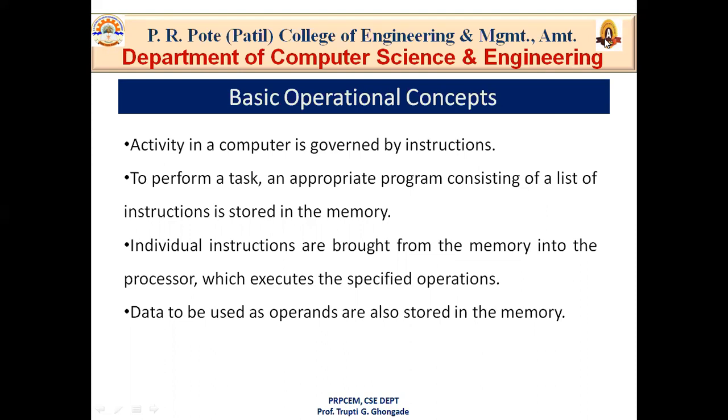So as we discussed in the last lecture, what is the basic function of a computer? The basic function of a computer is to execute a program. So what is meant by program? Program is a set of instructions. So the basic function of a computer is to execute a program, and a program is a set of instructions.